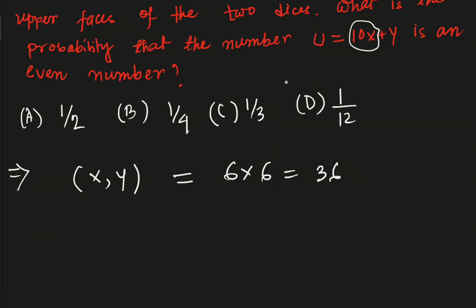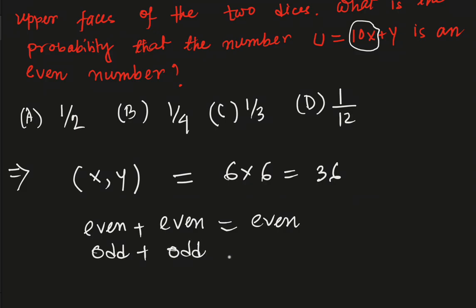To get an even number, even plus even gives even, odd plus odd gives even, even plus odd gives odd, and similarly odd plus even is odd. Here 10x is even, since 10 is 2 multiplied by 5, so 10 is an even number.